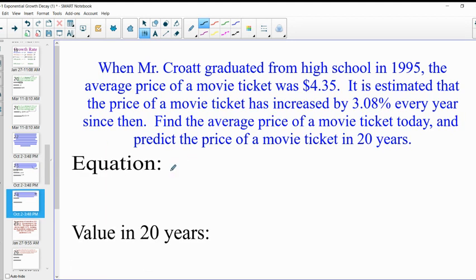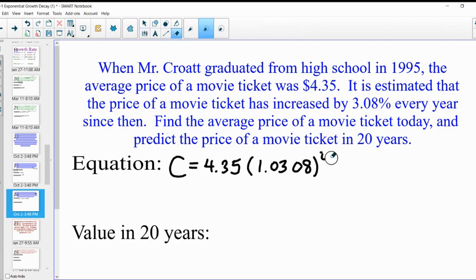My equation is going to be, I'll go with C, the cost of a movie ticket, is equal to my starting amount, $4.35, times my multiplier, 1.0308, to the power of, well, I'll go with T for time again, where time is the number of years after 1995.